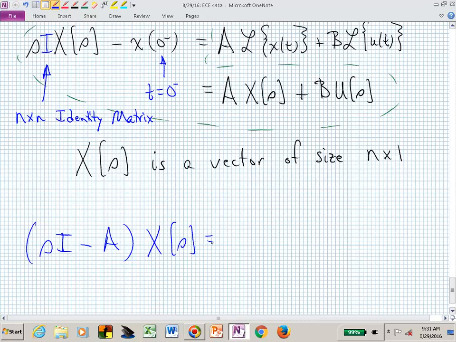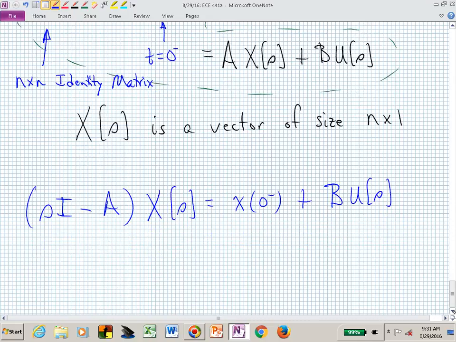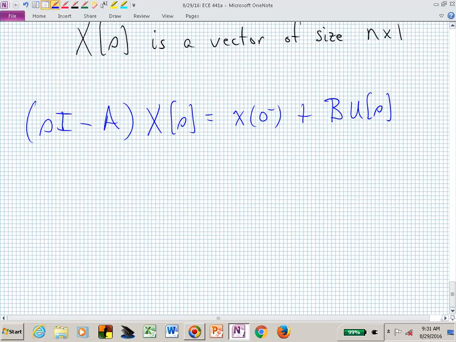Let me put the initial condition on the right-hand side, meaning I'll add little x(0-) to both sides, and I still have to keep track of BU(s). All I'm doing is some algebra on this transformed equation.